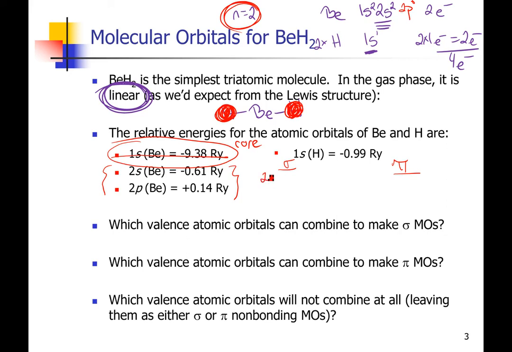So we have 2 times a 1s orbital on the hydrogen. That takes care of that. Our beryllium atom also has a valence s orbital, which looks like this. Also sigma symmetric, no node passing through the whole plane of the molecule. So we have the 2s orbital on the beryllium, also sigma symmetric.